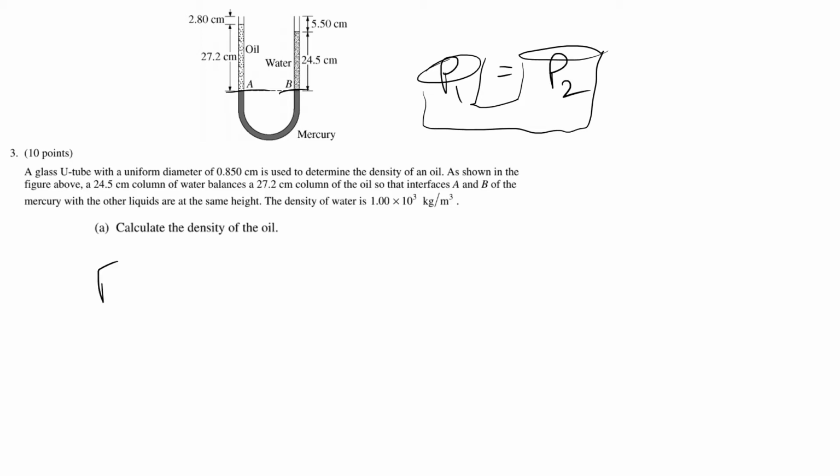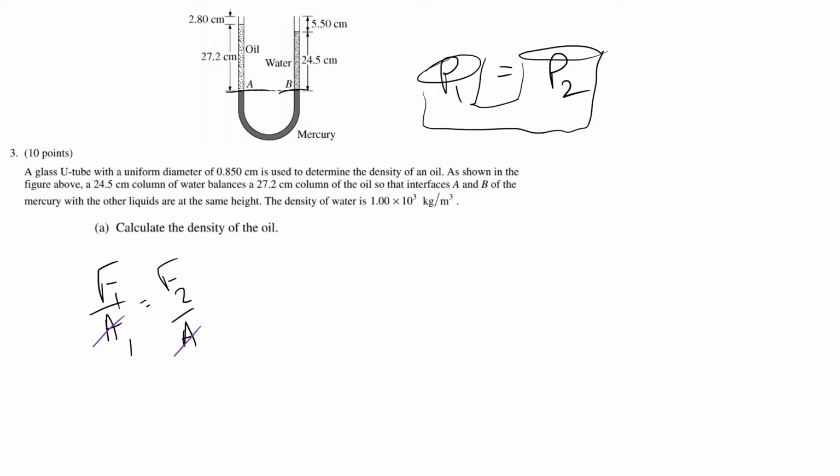Pressure is equal to force over area. Force 1 over area 1 is equal to force 2 over area 2. To make it even easier, it's just a tube with the same area, so the areas cancel out. Now it's just the force.